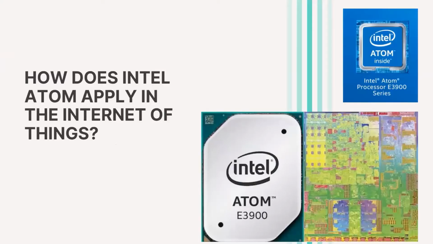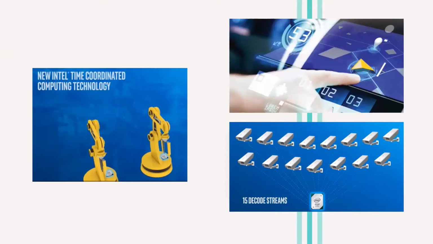Now that we have a clearer definition of what IoT is, we can move on to the next question. How does Intel Atom apply in the Internet of Things? Different models and series bring a variety of applications to this area. For example, the Intel Atom processor E3900 series came with new IoT solutions.